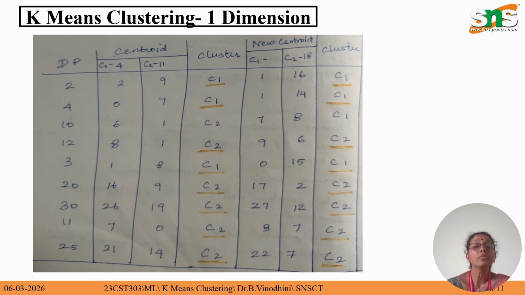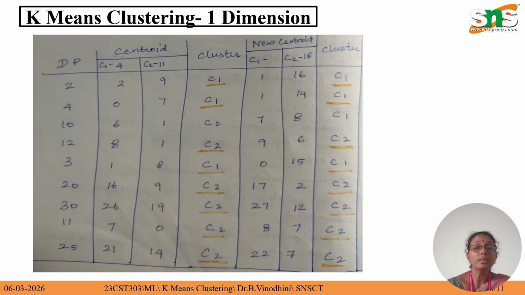Second, we calculate the distance from the cluster 2 centroid to each data point. Since we are using one dimension, we use the square root of (x2 minus x1) the whole squared. That is the formula used to find the Euclidean distance.